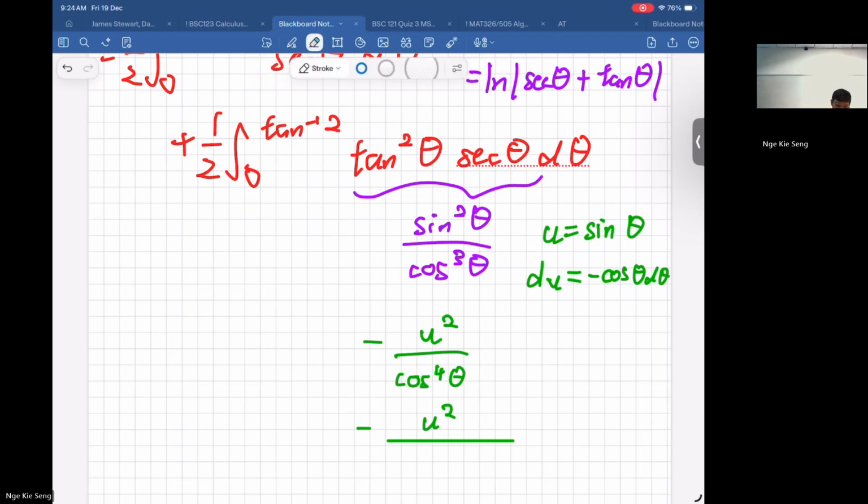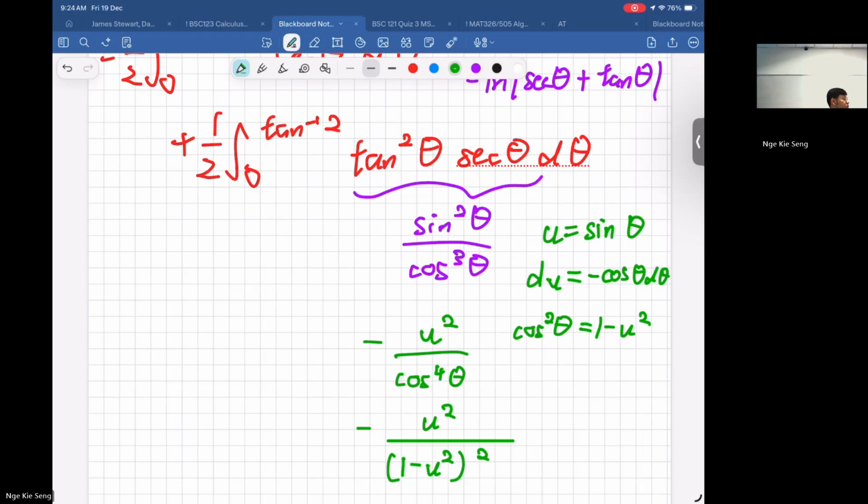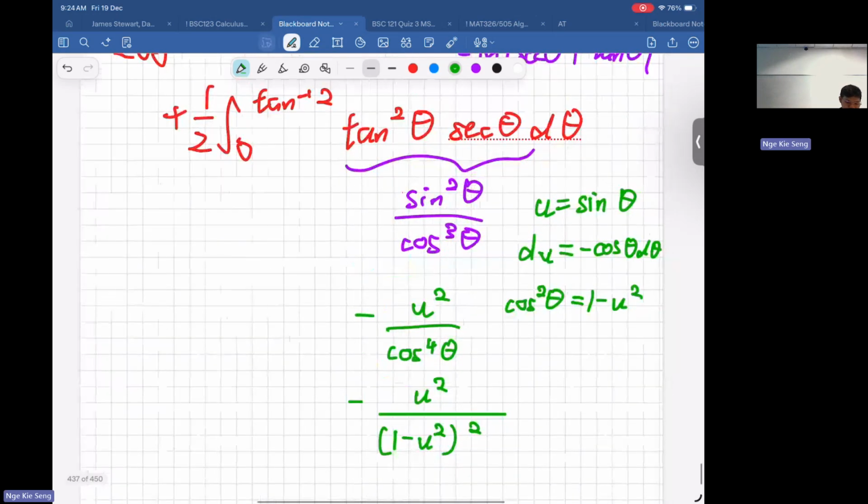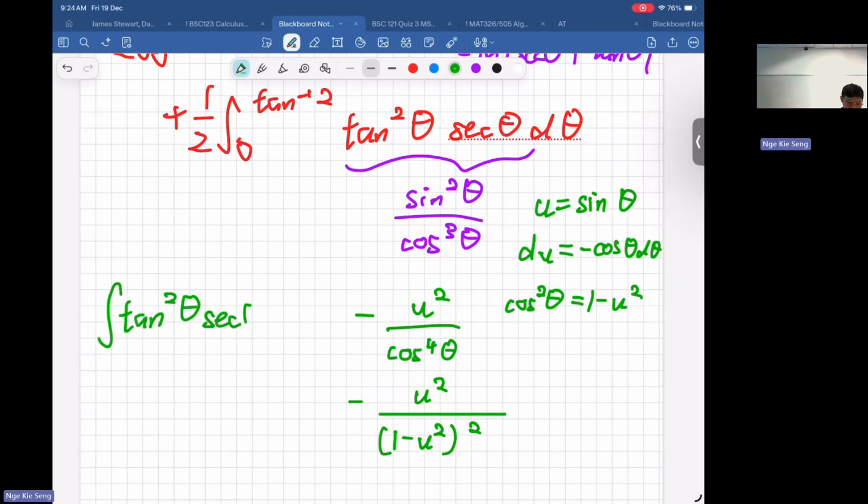Because cos square theta equals 1 minus u square. Okay, is this okay? Like this. So, let me write down everything. Integrating tangent square theta secant theta d theta becomes this, the integral of this du, which is equal to this.